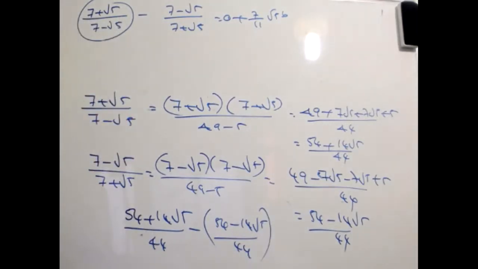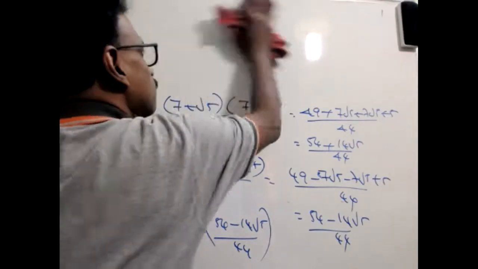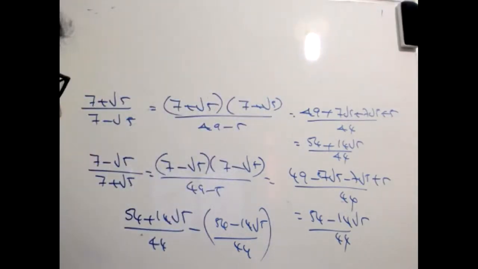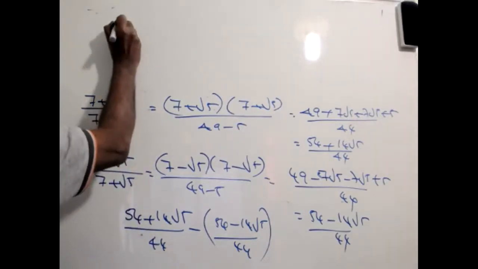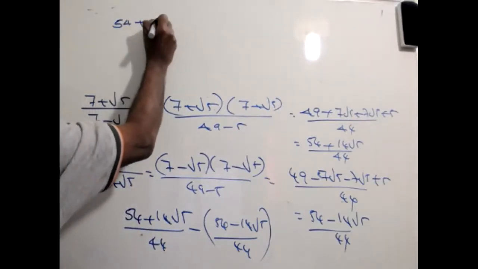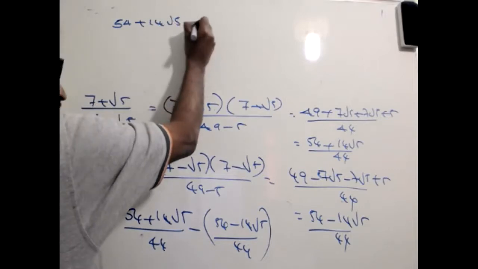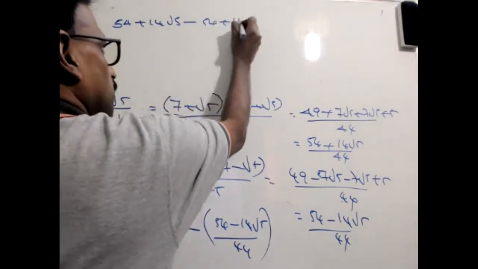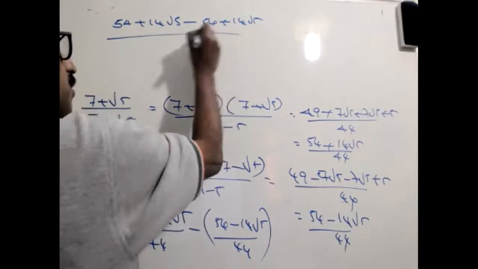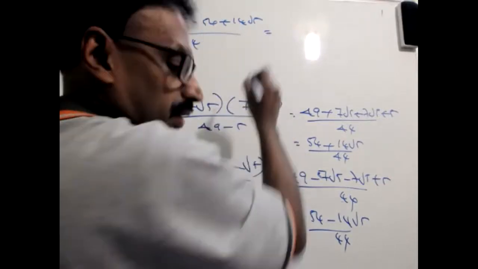Okay. Then, look. 54 plus 14 root 5 minus 54 minus 14 root 5 divided by 44 equal to what?